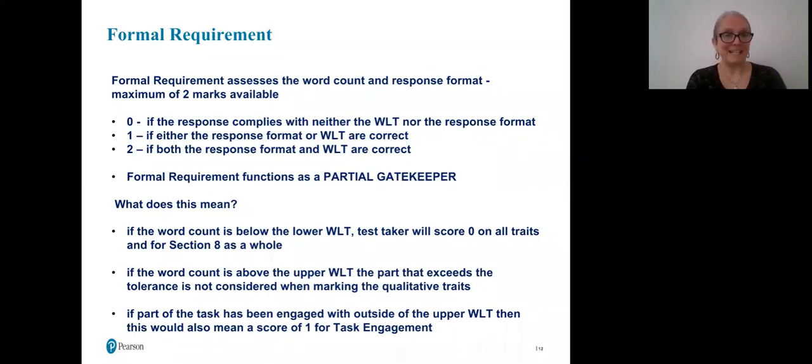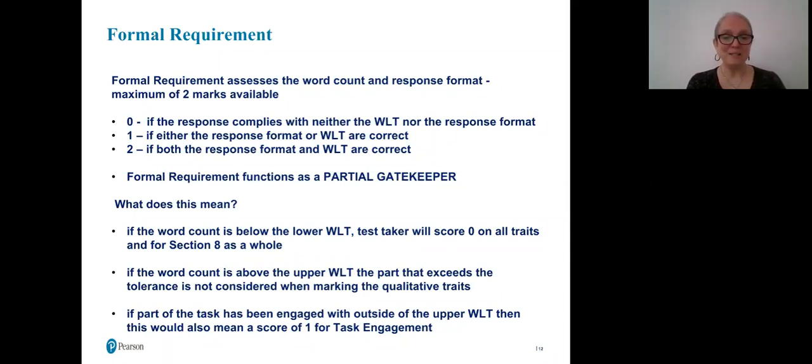What does this mean? It means that if the word count is below the lower word limit tolerance, so for this particular task on level 3, if the test taker has written fewer than 72 words, then they would score 0 for formal requirement and 0 on all of the other traits for section 8.